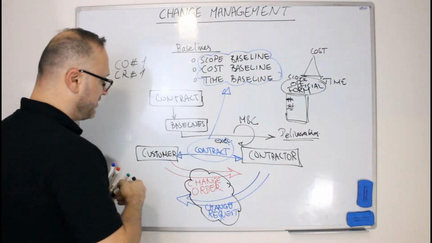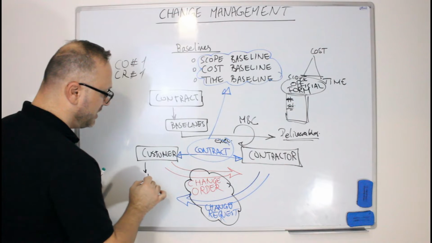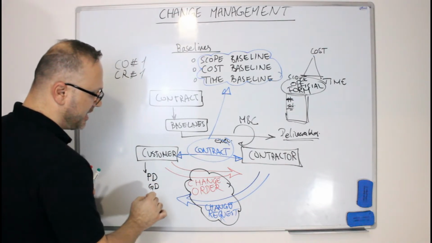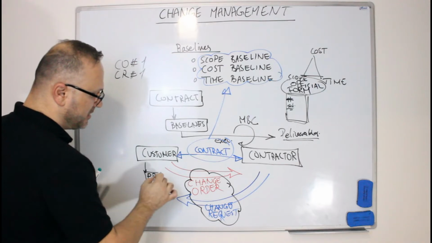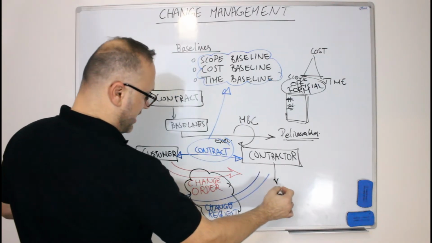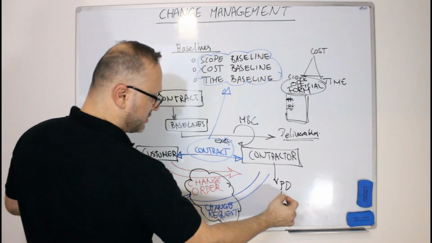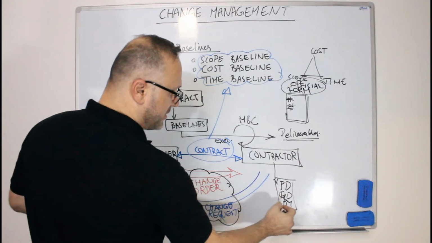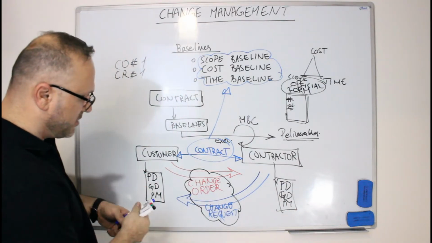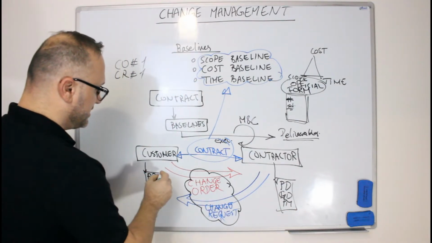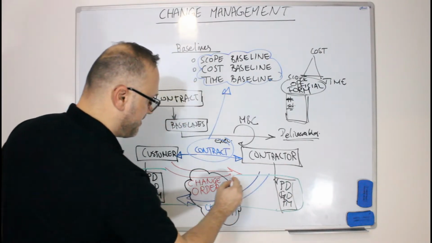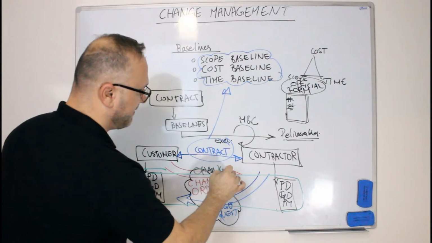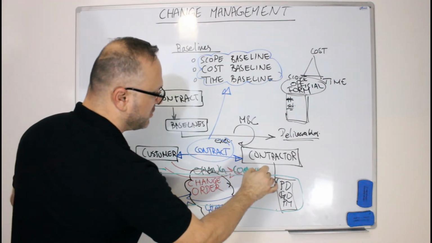So if I have from the customer a project director, let's say a general director, and a project manager, and on the other side I have, let's say, also a project director, general director and project manager, that means those 6 people are my change committee.